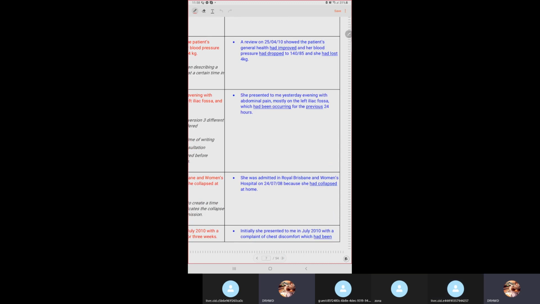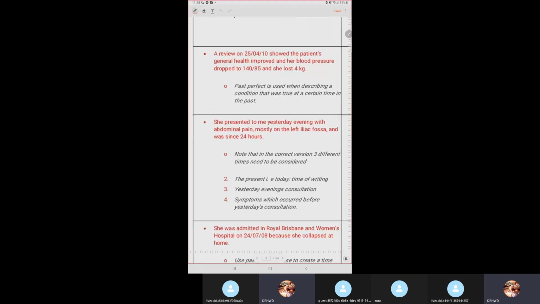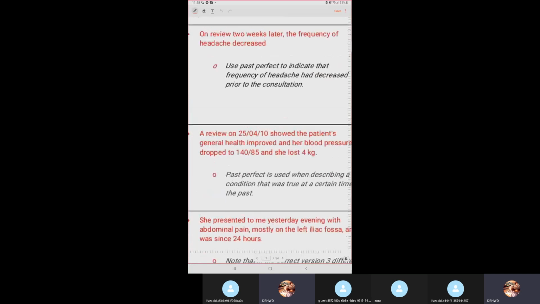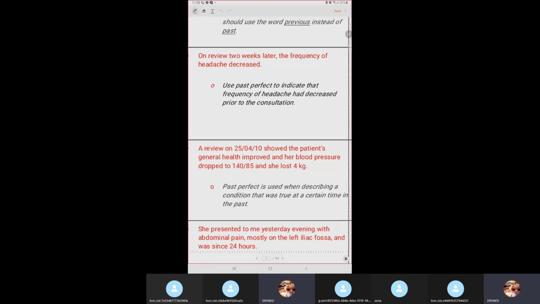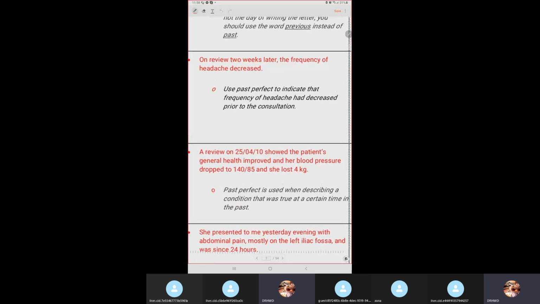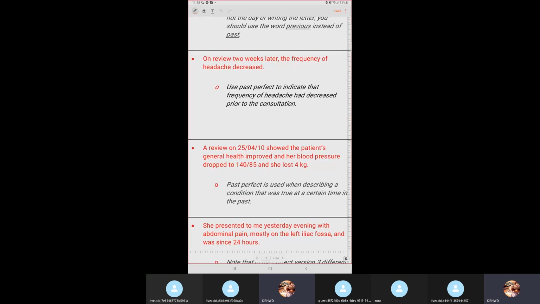Okay, Dr. Zona, this next one's for you. This one says, she presented to me yesterday evening with abdominal pain, mostly on the left iliac fossa, and was since 24 hours.